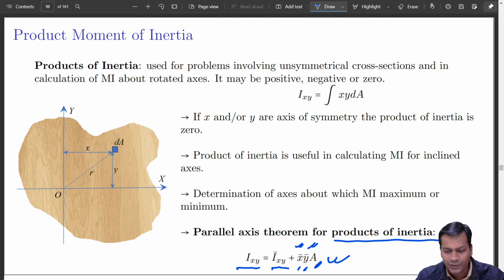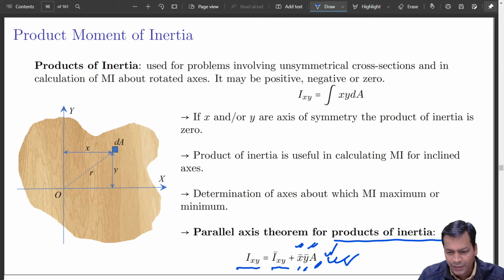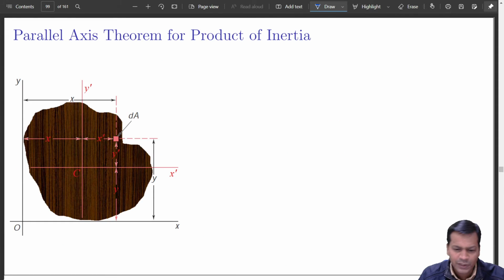So you can find it out. We'll deduce all these results also. So the parallel axis theorem for product of inertia can be done exactly like the one which we have just seen.